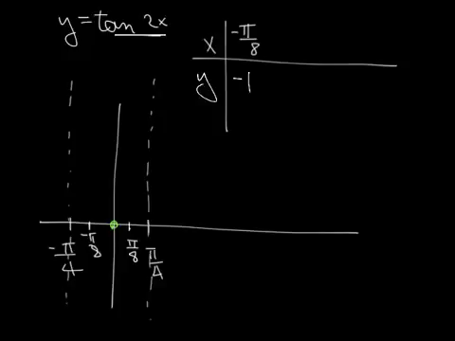We don't have to plug in 0 because we already know it's 0, 0, but if you did, you'd get 2 times 0 is 0, tangent of 0 is 0. And if you plug in pi over 8, you do the work and you get 1. So at negative pi over 8, I'm down at negative 1, and at positive pi over 8, I'm at positive 1.